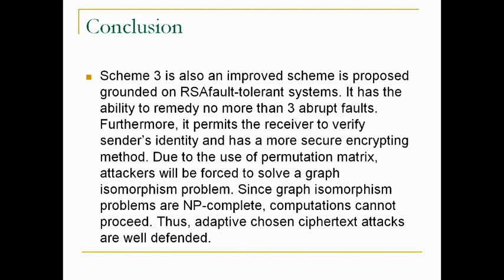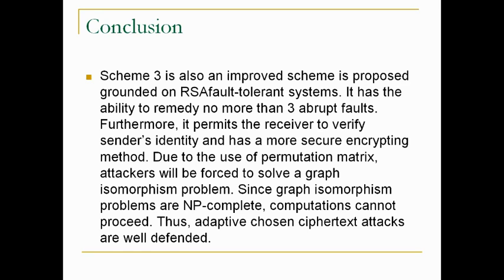So scheme 3 is also an improved scheme. It is proposed based on the RSA fault tolerance system. It has the ability to remedy no more than 3 abrupt faults. Furthermore, it permits the receiver to verify the sender's identity and has a more secure encrypting method.